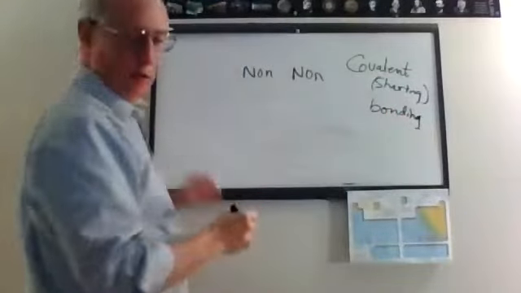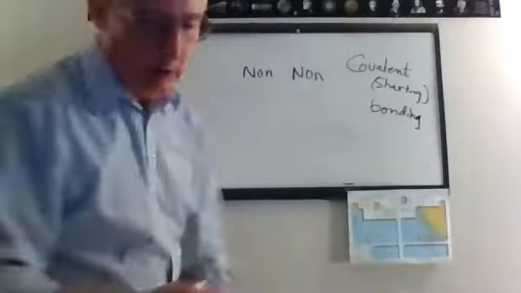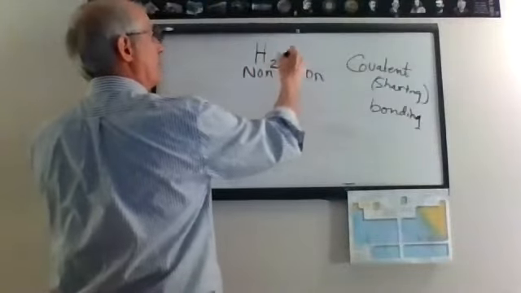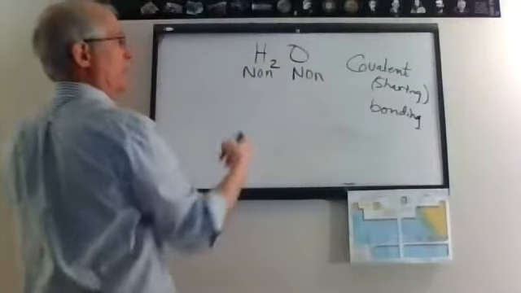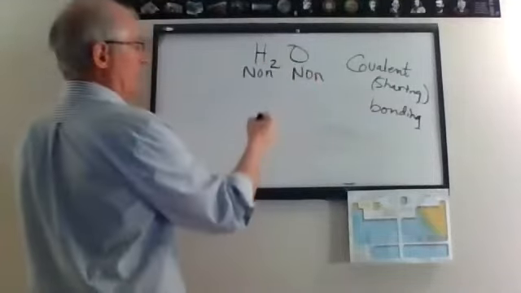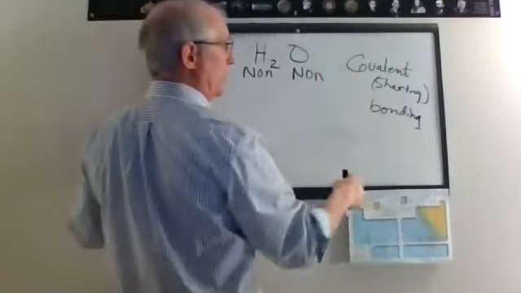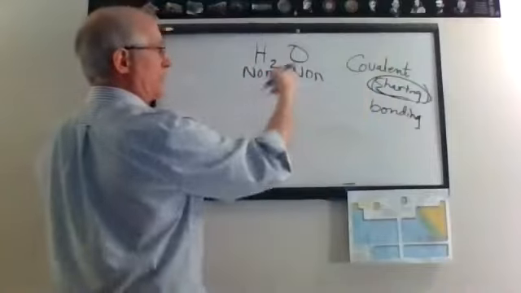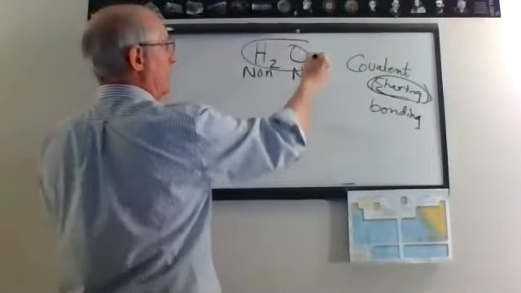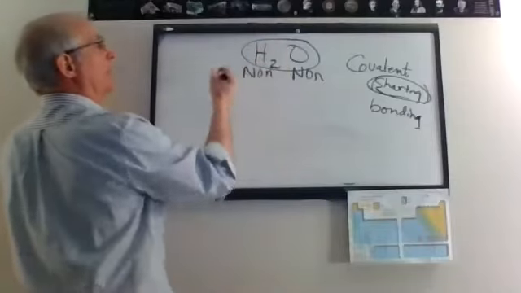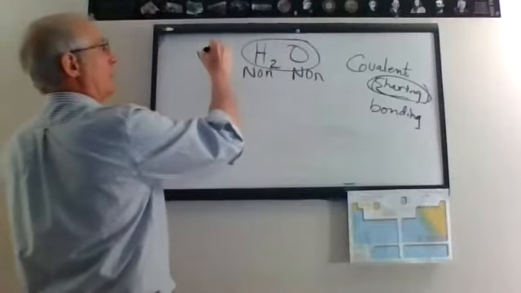And so a non-metal, what did they give you? H2O. I've already talked about this. That's a non-metal, hydrogen. This is a non-metal, oxygen. And so we call it covalent bonding. It's sharing electrons. And this unit right here, which represents a compound called water, that unit is called a molecule.